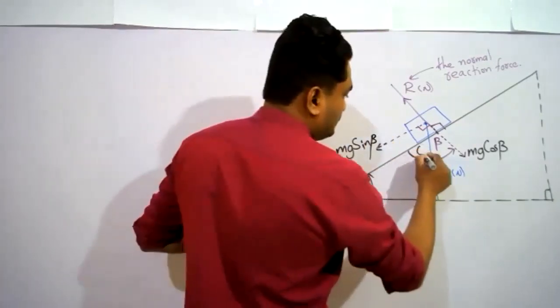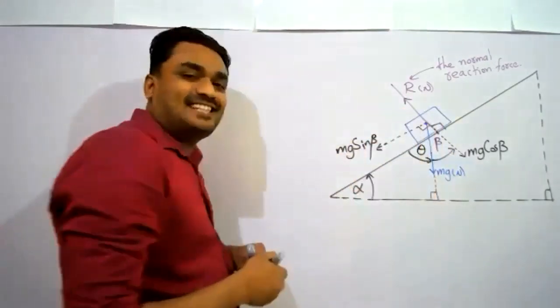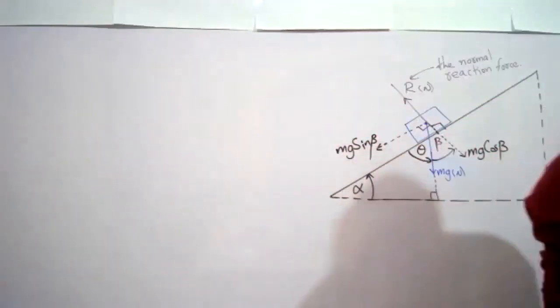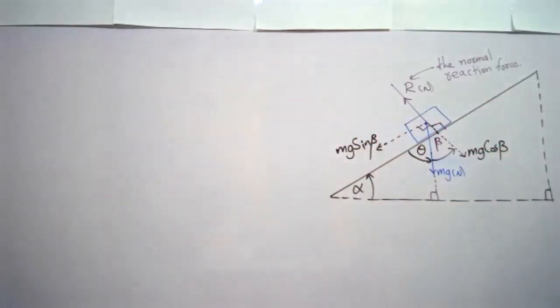Start. Alpha, beta, theta. Draw the figure, and if you have any doubt, you can unmute the mic and ask.